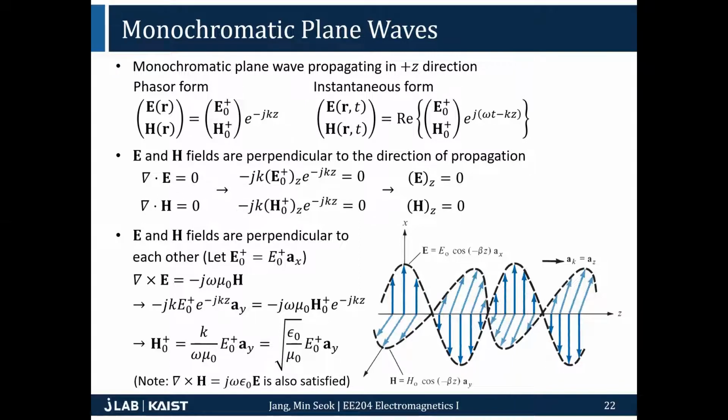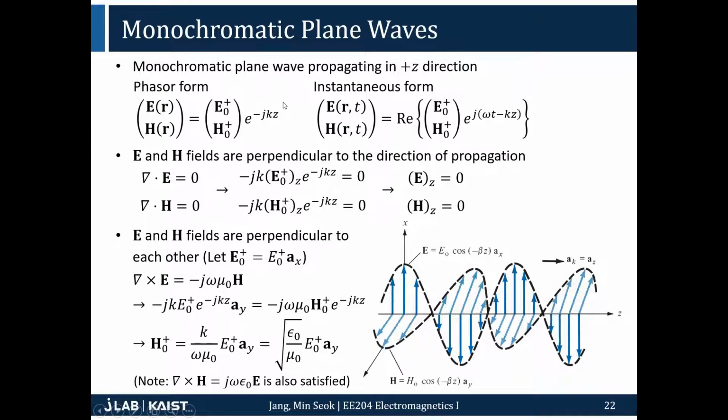Then the phasor form is some coefficient times e to the minus jkz. In instantaneous form, it's e to the j omega t minus kz, and take the real part of it, right? So this is the positive propagating monochromatic plane wave.